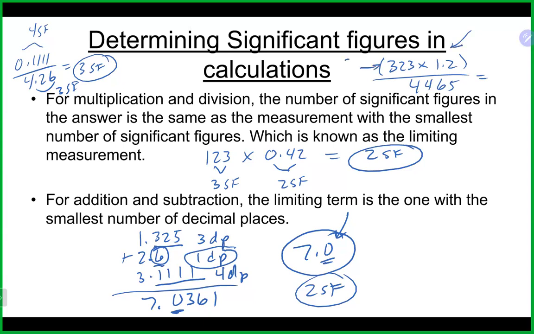That is 3 significant figures. That is 2 significant figures. That means when we did the top part of the calculation, we should end up with 2 significant figures. We then are going to divide 2 significant figures by 4 significant figures. That means our answer should end up with 2 significant figures in this case.